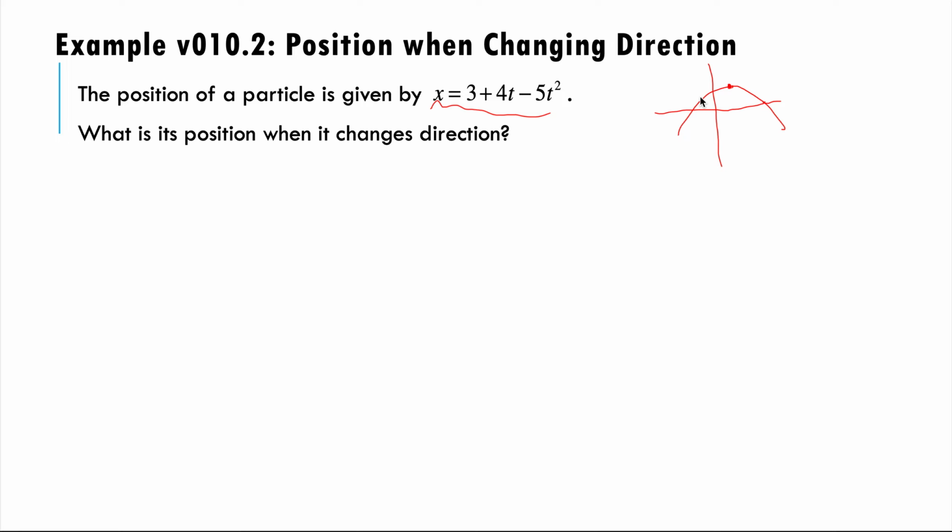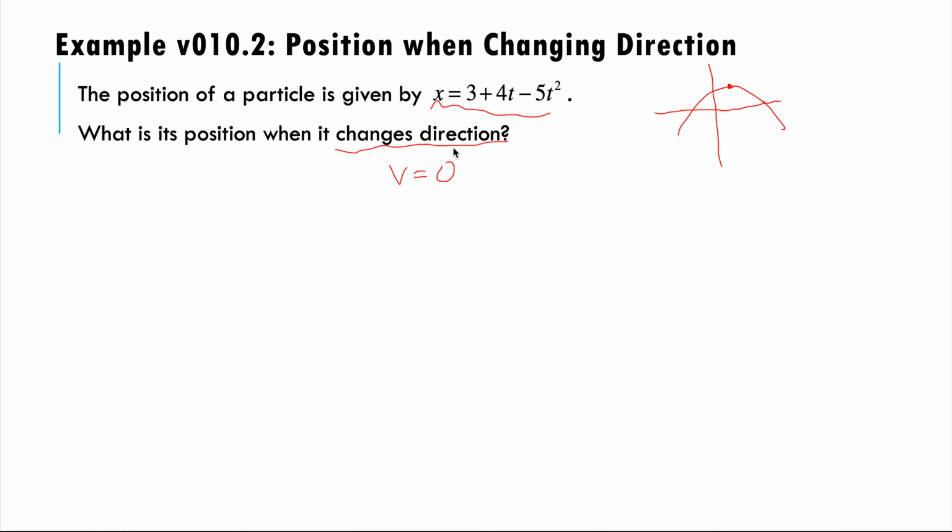In general, whenever you change directions, that's kind of a key word that tells you that at that instant, the velocity is equal to 0. We saw this with the moving man. When he was going one way, he slowed down to a stop before going the other way. So you don't even have to picture it, but you just know when you change direction, that means your velocity at that point is 0.